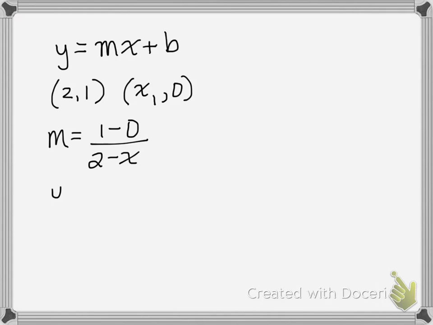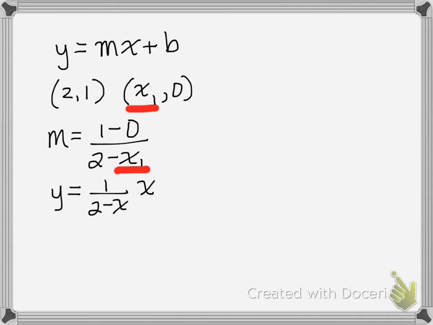So I can rewrite this as y equals 1 over 2 minus x1 as the slope, times x, plus b.